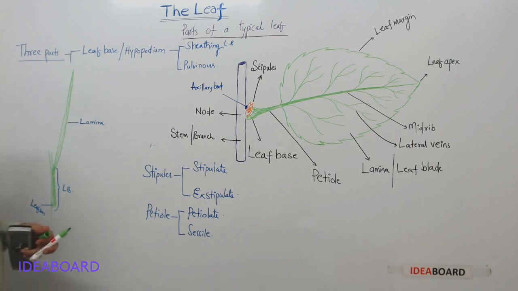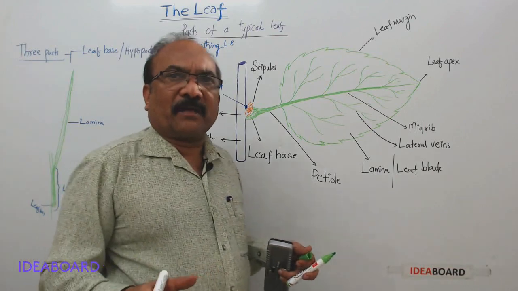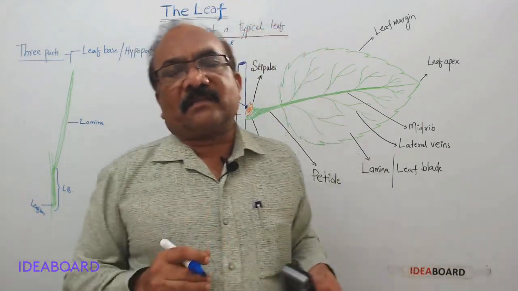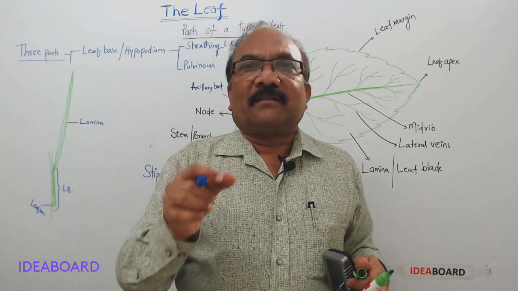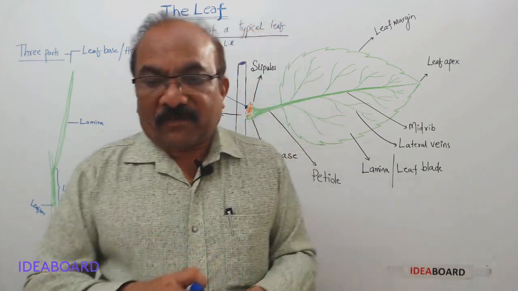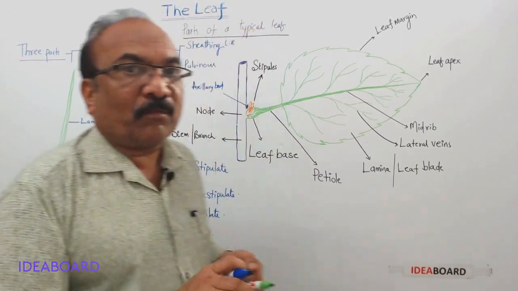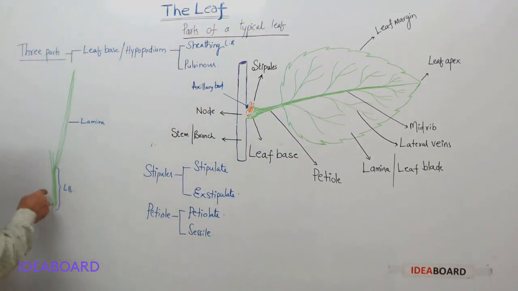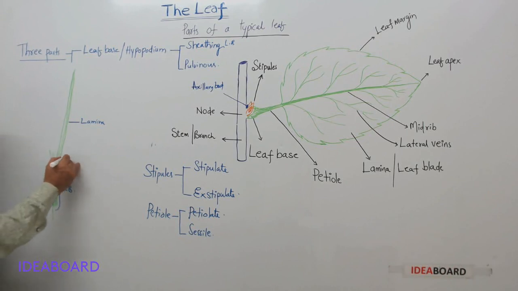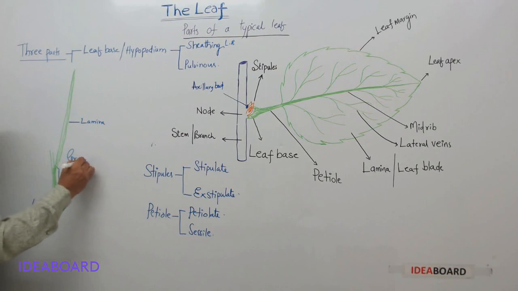Whenever you come across a grass plant, very easily you will find that the leaf at the lower portion is surrounding the stem with the help of this sheath-like leaf base, and it is to protect the intercalary meristems. So these sheathing leaf bases are present in grasses.